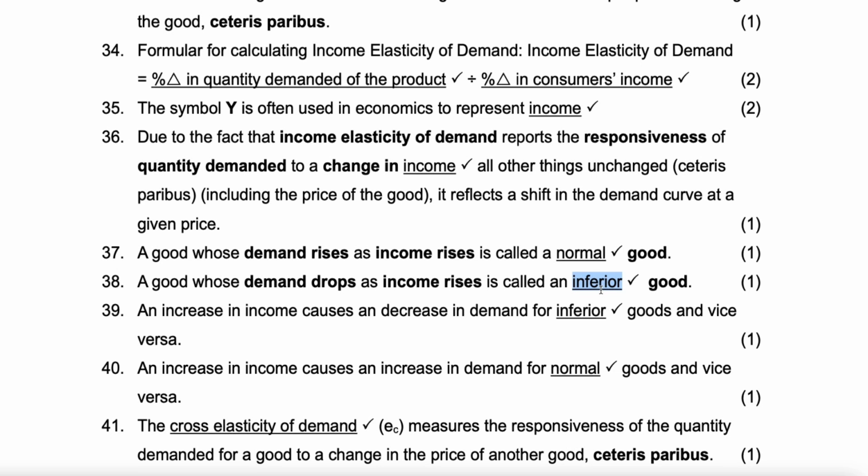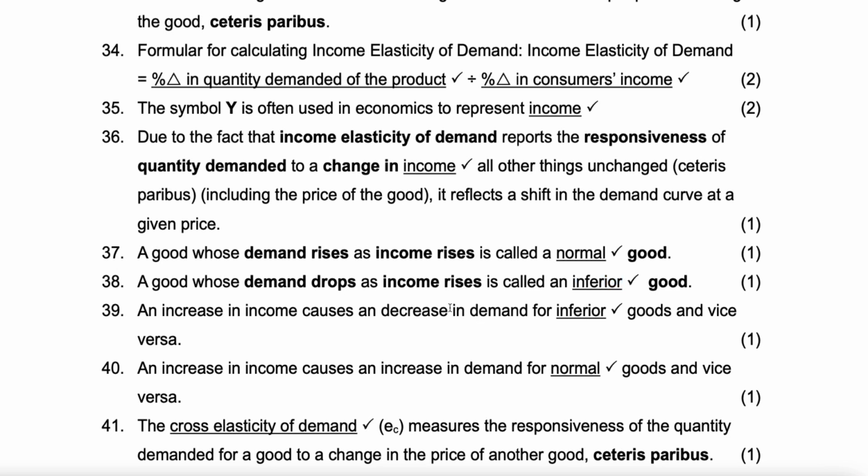So it makes the chicken intestines inferior, and it makes the drumsticks normal. Because when our income goes up, we'll start buying drumsticks and wings. When our income goes up, we buy less chicken feet and so on.